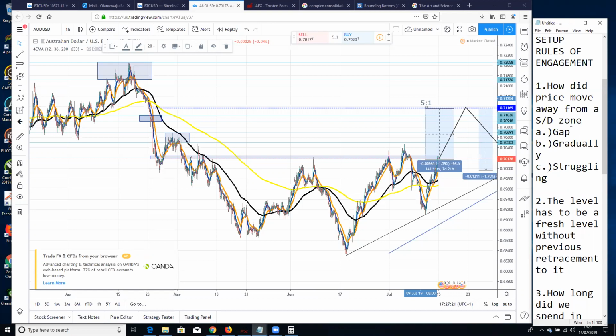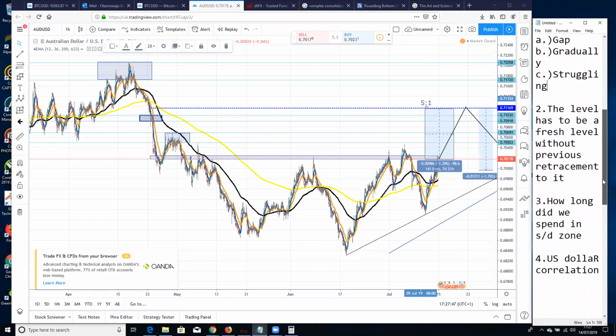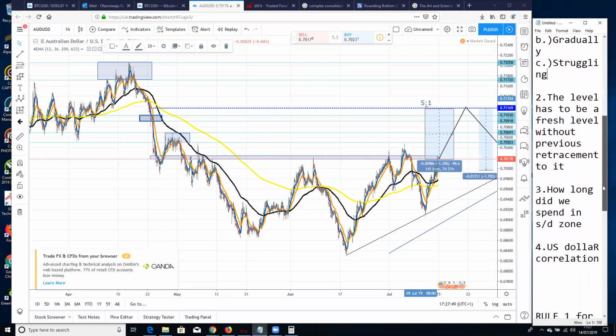So the best one is either a gap or price moving away gradually or swiftly from that particular location that we are considering, which is this place. And it's also a fresh level because we haven't been there in a very long time. We haven't been there since April this year. We haven't tested it over and over again.